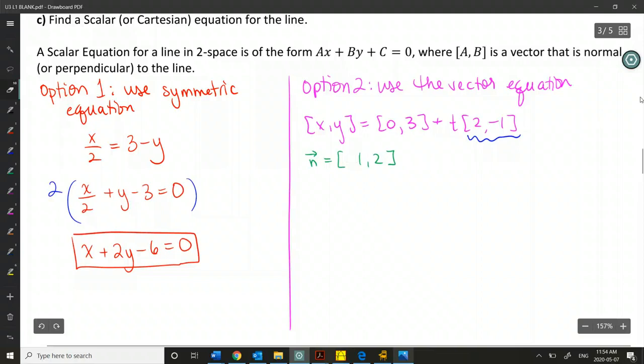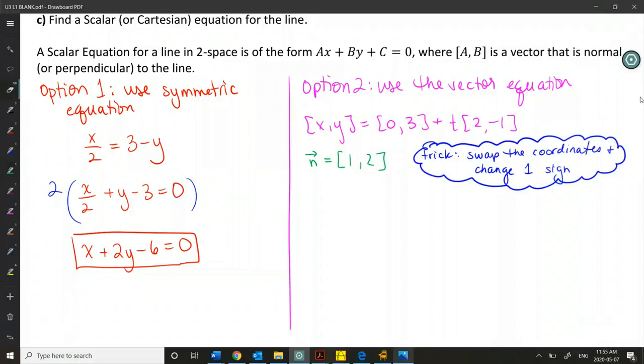Typically, if we can, we'll try to keep things positive. So I've swapped both of them, and then I made the negative 1 positive 1. Now you can check this if you're not 100% sure by dotting them and seeing if you get the dot product equal to 0. That should tell you that they are in fact perpendicular. All right, so that's our normal vector (1, 2). That's going to be the a and b in my scalar equation here.